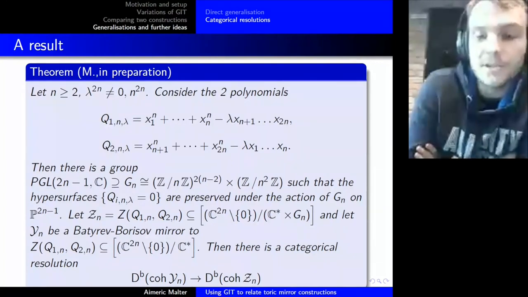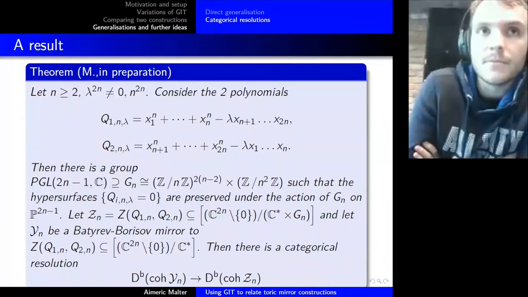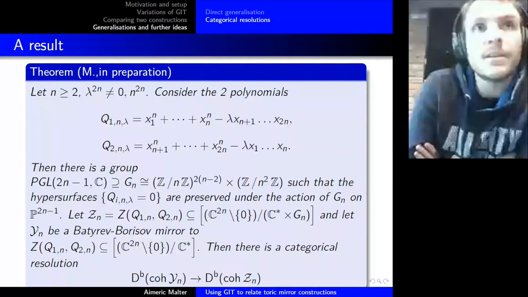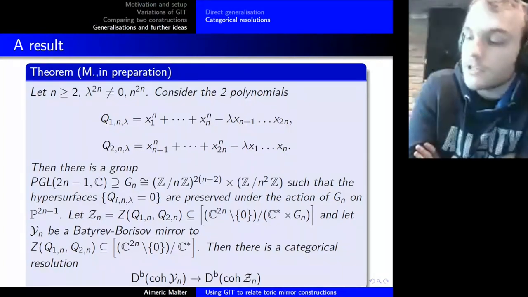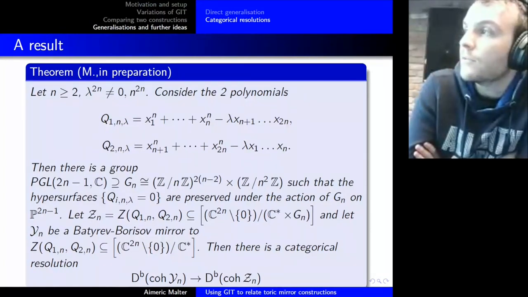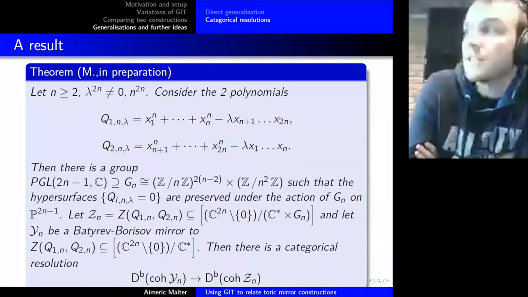And we take a Batyrev-Borisov mirror, and fundamentally the Batyrev-Borisov mirror categorically resolves the complete intersection we get from these two. Which in some sense would mean that constructing the mirror this way by taking this group quotient contains all the necessary information. So Batyrev-Borisov resolves it. I don't quite have a mirror because I don't quite have the derived thing, but I have something similar enough.